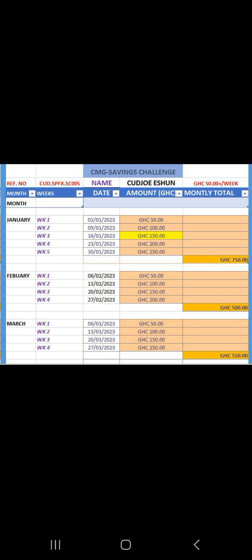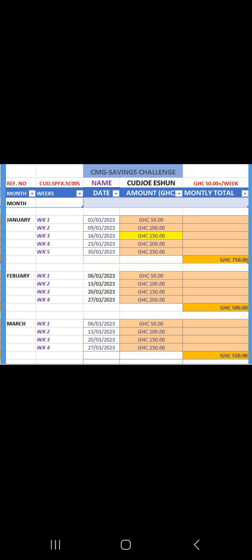Week 1, let's assume you start with, at the top right there, you see 50 Ghana cedis per week. So if I start with 50 Ghana cedis, the second week I'm going to pay 100, the third week 150, the fourth week 200, and the fifth week 250.